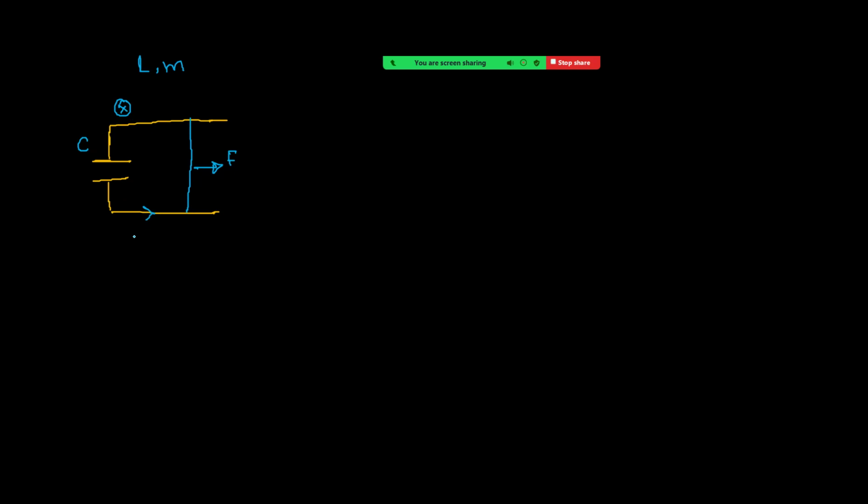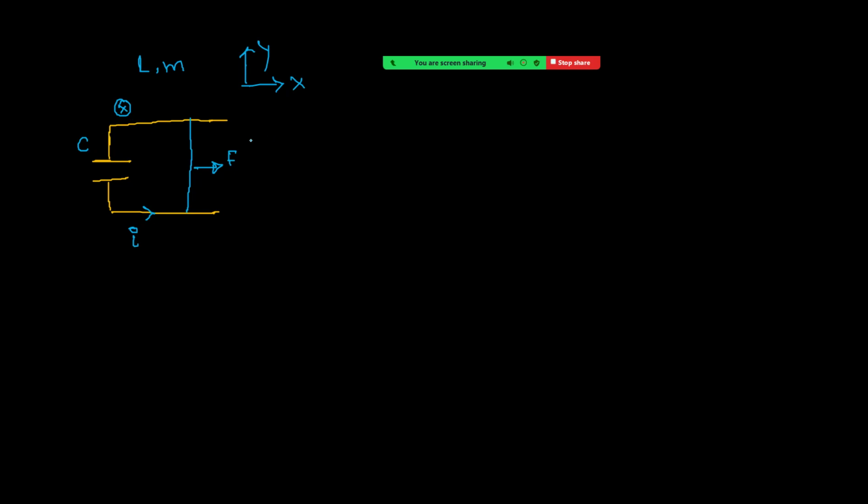It is anti-clockwise, so because of this anti-clockwise current, the field will be outwards. Right? Now focus carefully. If you take this board plane as the XY plane, then the current in this wire will be along the positive y-axis.